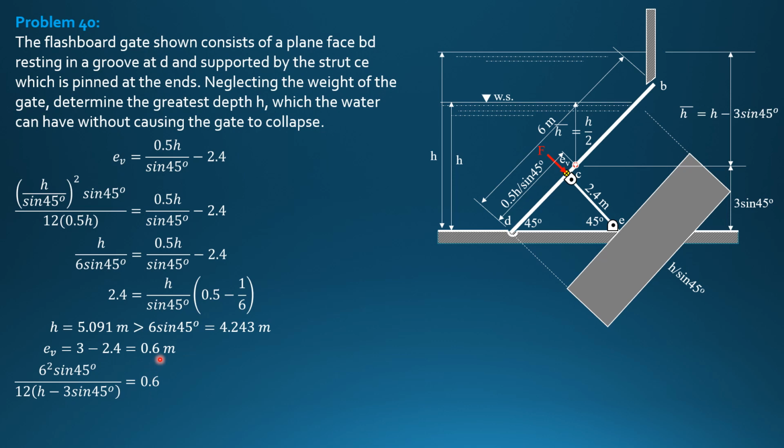So solving for h: 6 squared sine 45 over 12 divided by 0.6, then plus 3 sine 45. So h is 5.657 meters. And that's it. It should be above the B level, and since this is above the B level, that's the answer.